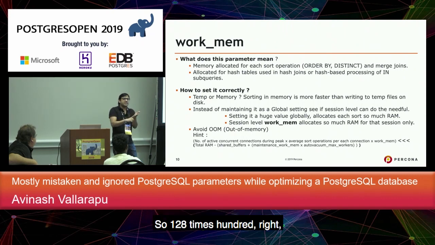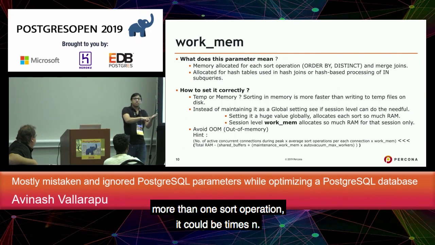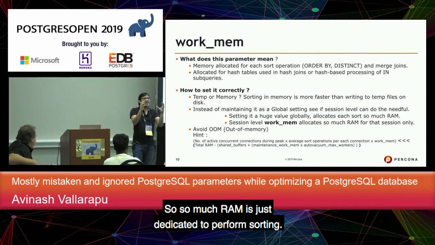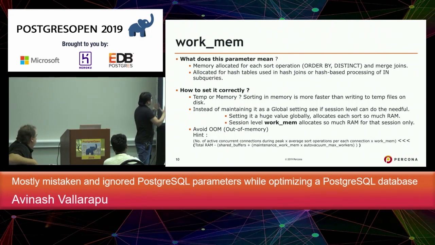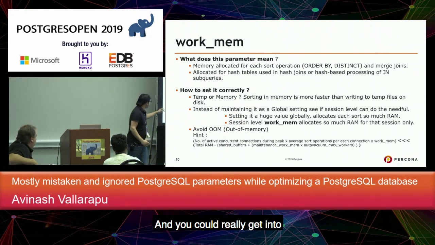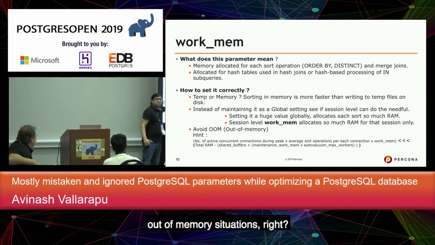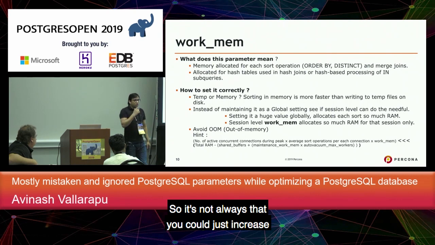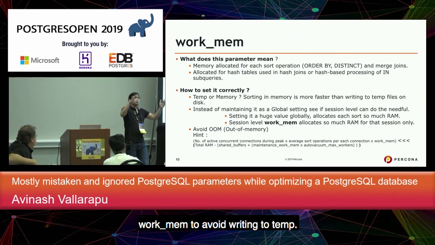So 128 times 100, right? And let's say each query is doing more than one sort operation, it could be times n. So that much RAM is just dedicated to performing sorting, and you could really get into out-of-memory situations, right? So it's not always that you could just increase work_mem to avoid writing to temp.